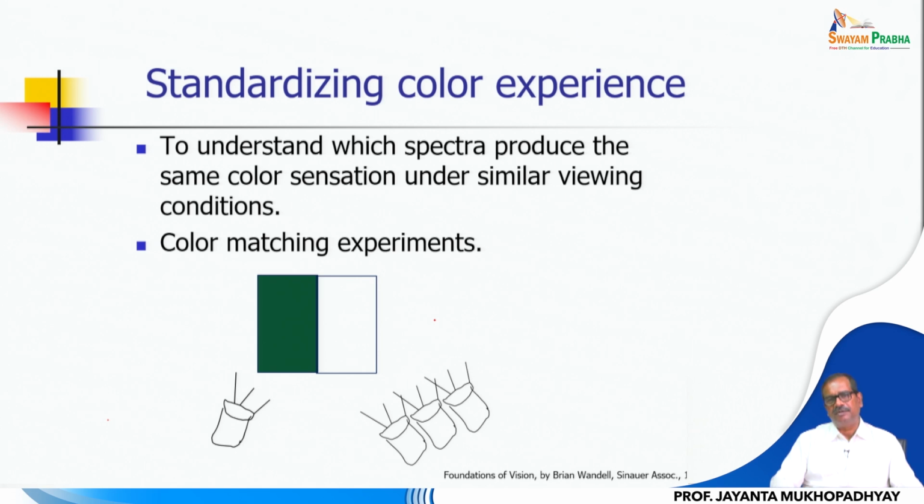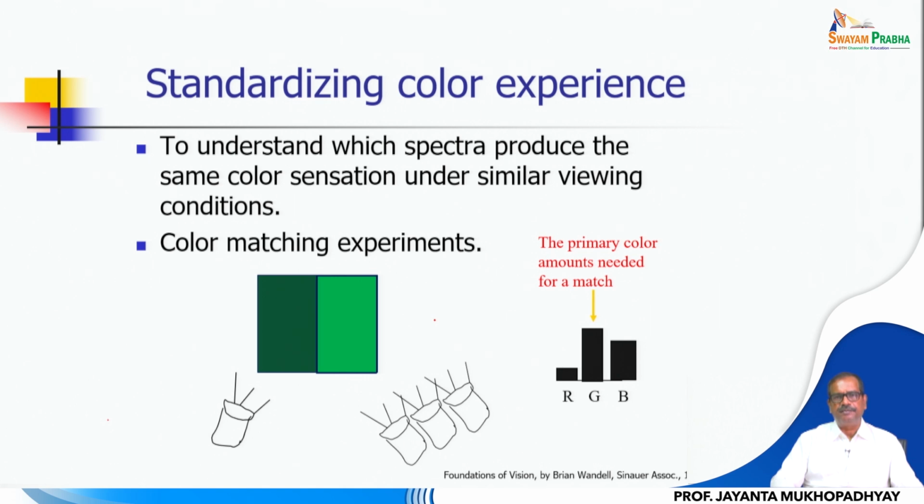We'll discuss how the primary characterization is done. Anyway, if I vary the quantities and project them on a screen and superimpose them in the right proportion, and note that proportion, then these proportions of red, green and blue represent the wavelength. So this is a particular wavelength, say lambda naught. This is equivalent to the sensation produced by a monochrome light lambda naught. So this is how you go on doing this by varying the wavelength.